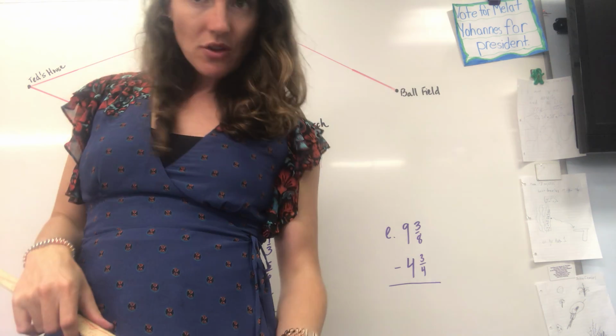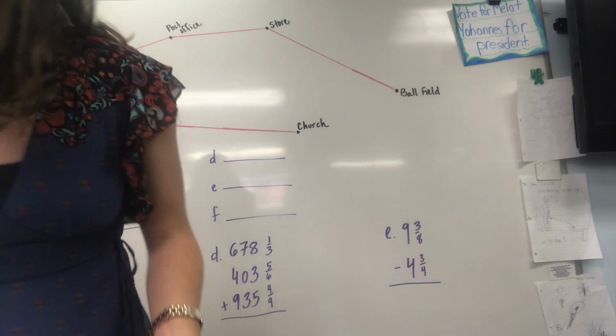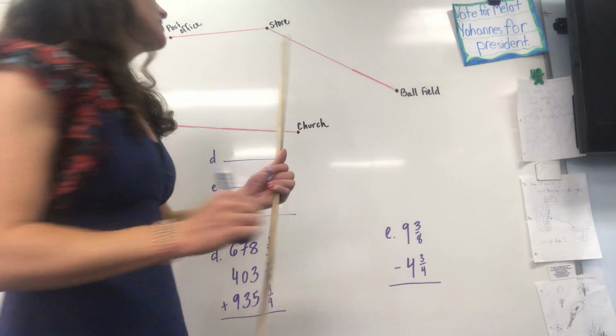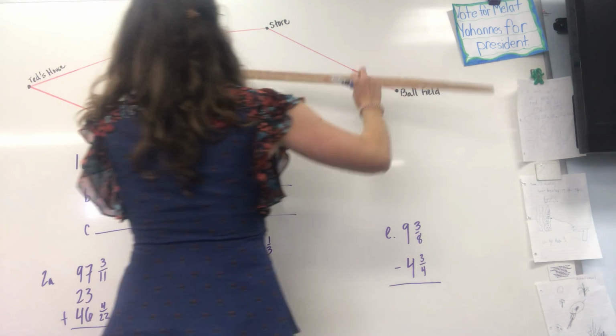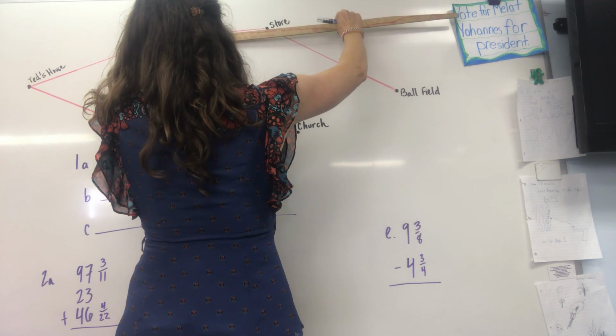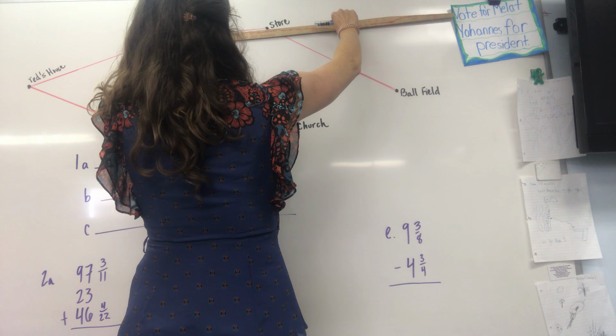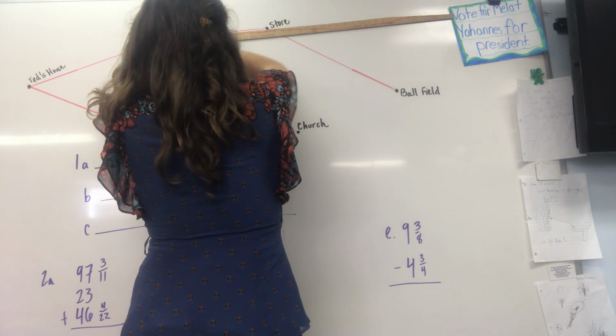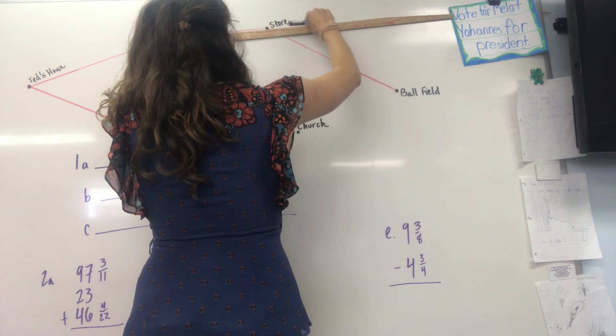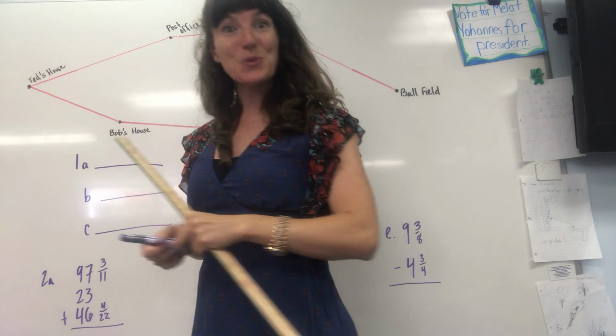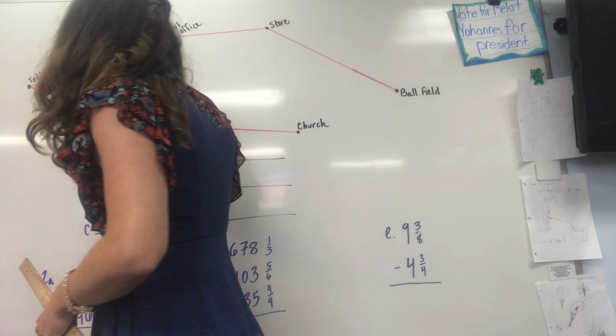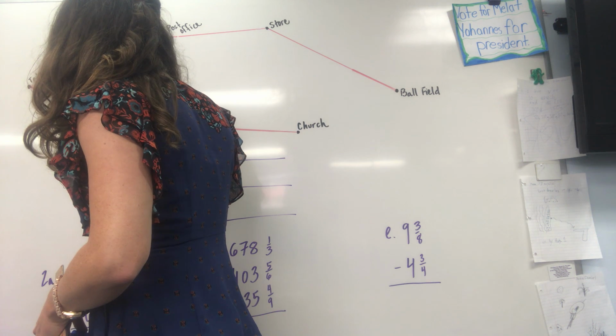They want to know post office to the store. I shall measure and you shall measure. Put your ruler on the black dot of the post office and find the store. This is 1 foot, so that means it is 1 mile.